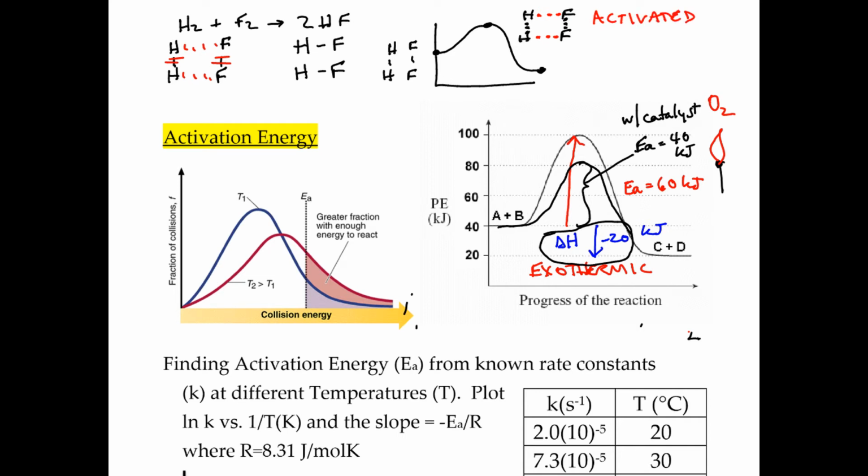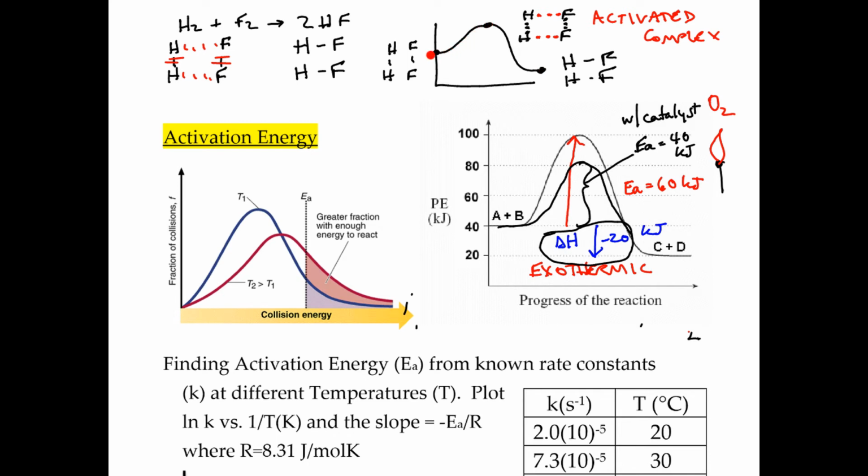The activated complex is the complex where you have everything all together in one big mess. It's not quite the reactants the way they were, and it's not quite the products the way they're going to be. It's in between, so you have partial bonds going on. This activated complex is not stable. So of course that complex could break up into the products, or it could just break back up into the reactants as well.